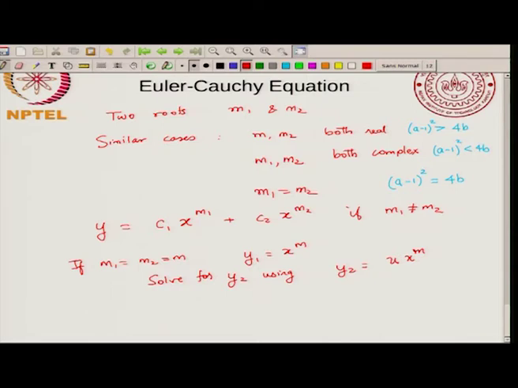You can make this substitution, put it in the differential equation and solve for y2. I will not do this, but I will leave it as an exercise for you to try. Try to solve for y2 using the same variation of parameters that we had done in the last class.